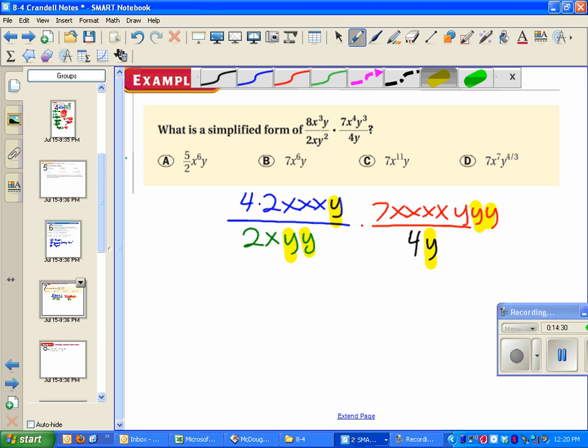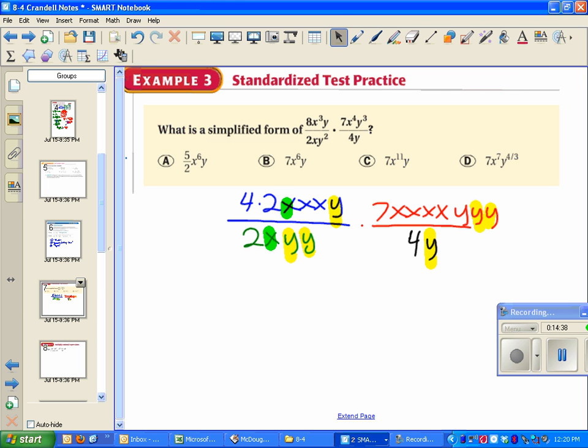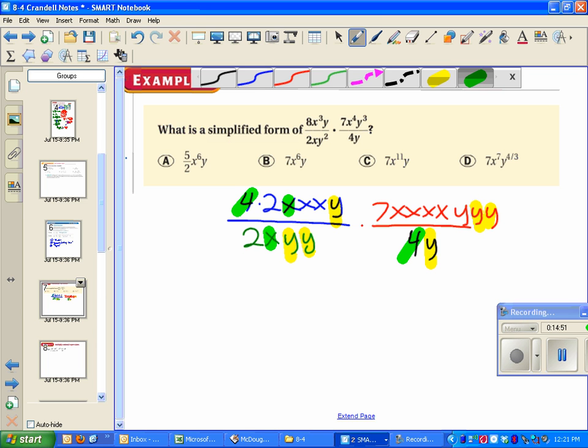And then, what about the x's? I can cancel one x with this x, and either one would have been fine. So I could cancel out the bottom x with this x, any of these x's, and then I can also cancel out this 4 with this 4, and these 2's can cancel out, right?